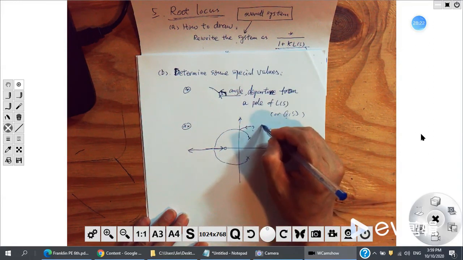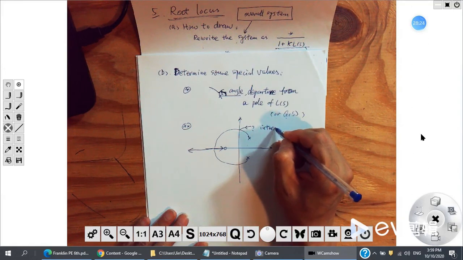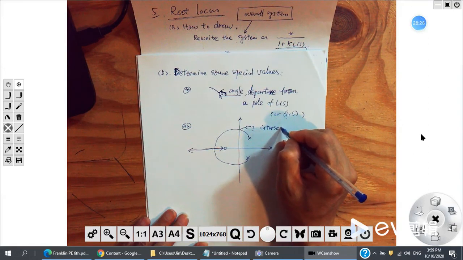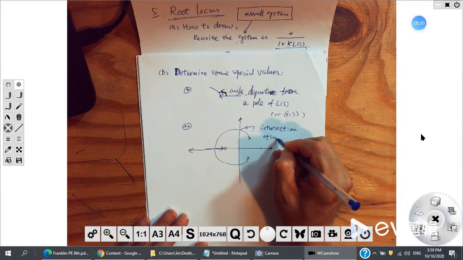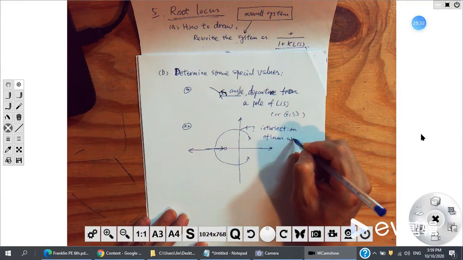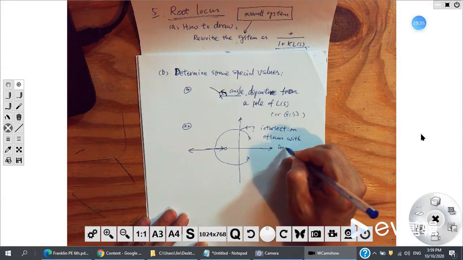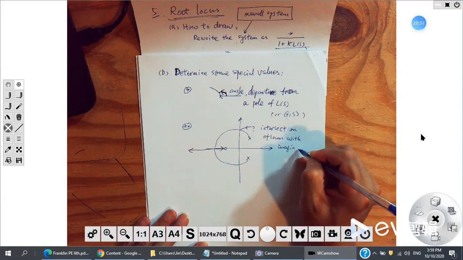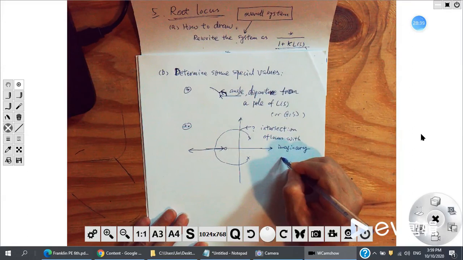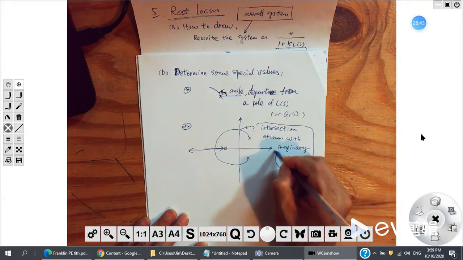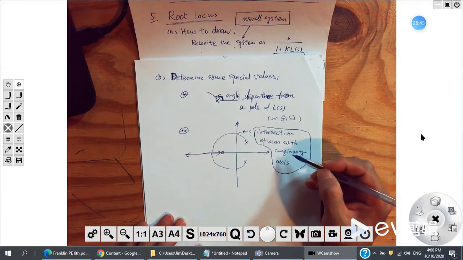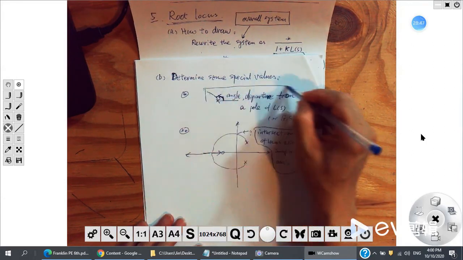This is the intersection of the root locus with the imaginary axis. Okay, this is the angle, right?